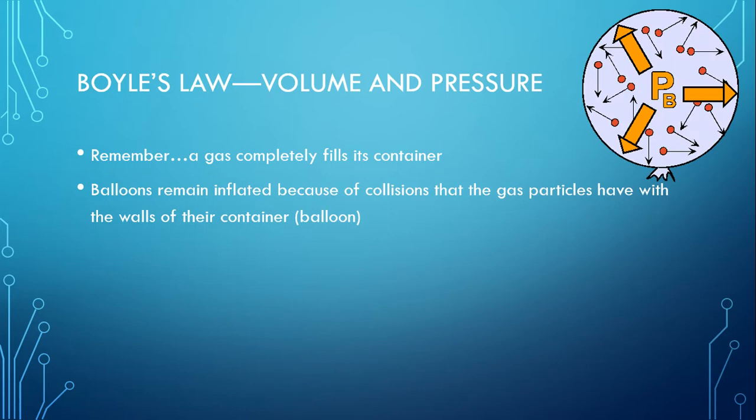So you can see on my little illustration up here in the corner that those gas particles are spread out, moving quickly, and then it shows that movement running into the outsides of the container, and those orange arrows are that pressure that it puts on the outside of the balloon, which is why they stay basically taut on the outside instead of all of the gas particles just kind of sitting at the bottom. In that case, the balloon would kind of shrink down.